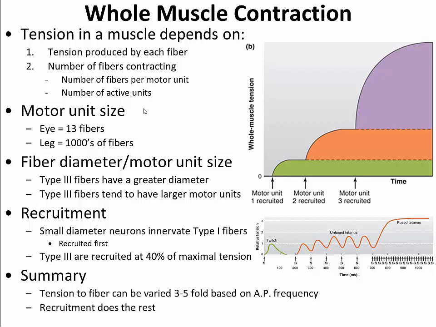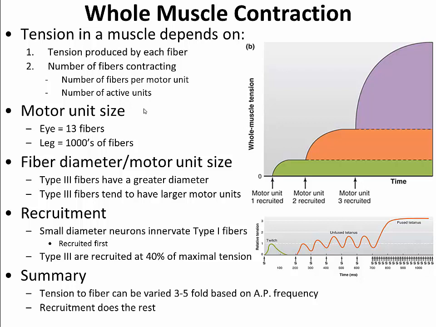On the other hand, if we go down to our quadriceps, we find some of the largest motor units in the body. This is a muscle that doesn't need to undergo very fine degrees of contraction or doesn't require very precise control, but it needs to generate a lot of force in a very short period of time. So here we find huge motor units.